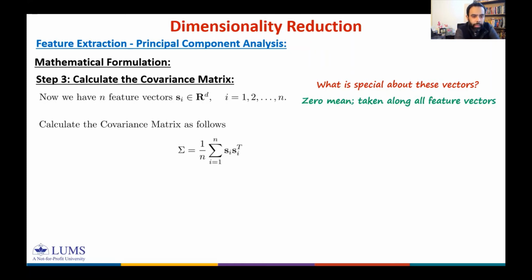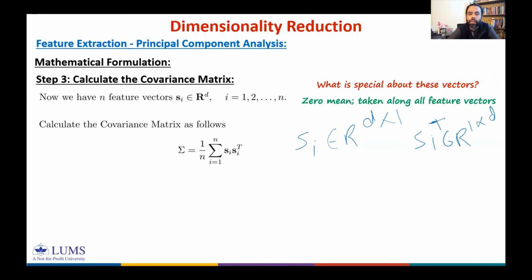What is s_i? What is the size of s_i? s_i belongs to R^D. It's a column vector, to be very precise, R^(D cross 1). When you multiply this with s_i transpose, what about s_i transpose? s_i transpose belongs to R^(1 cross D).